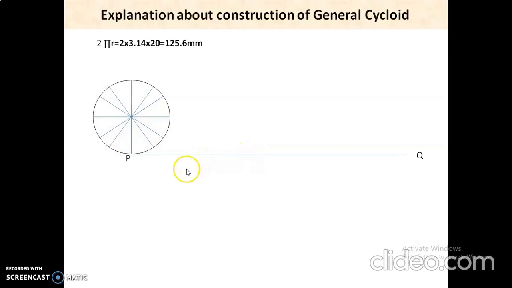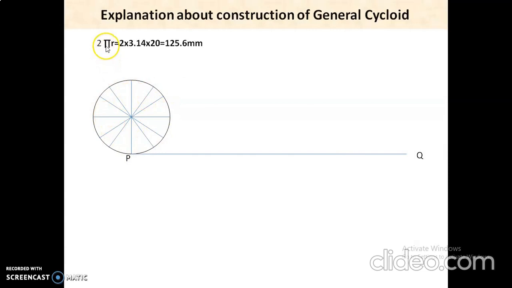Next, third point, divide this baseline into the same number of equal parts. Before that, what is the distance of the PQ? Whenever a circular body rolls on a straight path for one revolution, horizontally it moves 2 pi r distance, that is the circumference of the circle.